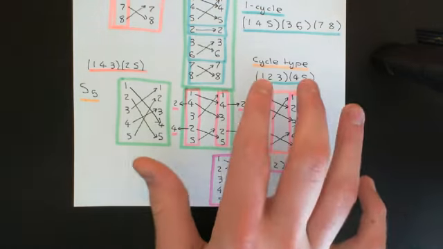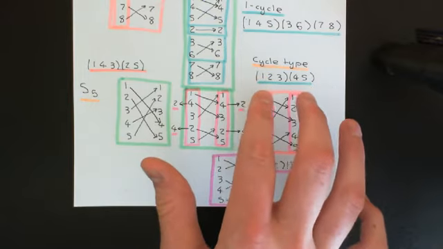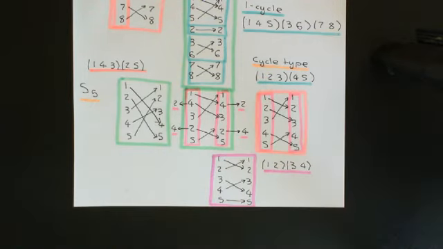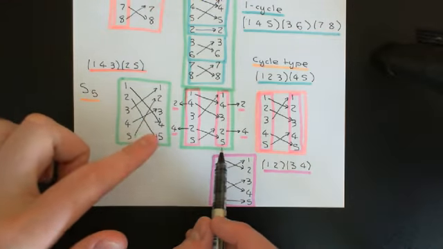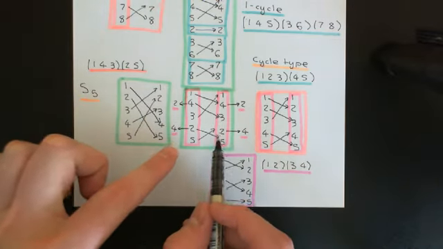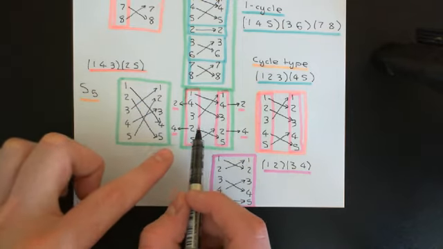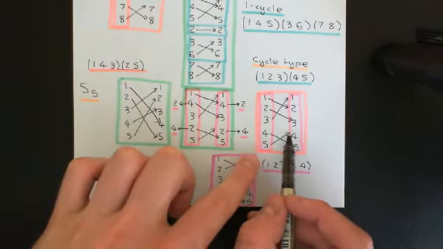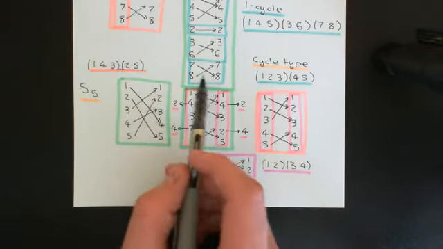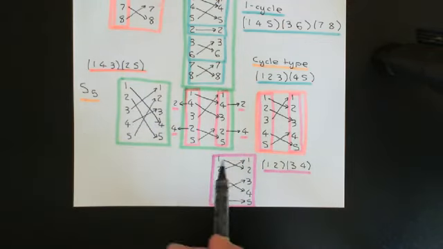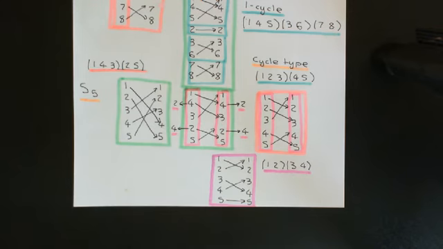So cycle type is a very deep characterization of a set permutation. Now what I want to do is explore this concept that we can relabel these elements of the domain and codomain of a set permutation and turn it into another one, because this turns out to be what conjugation is going to actually mean in the symmetric group on the set of n elements.